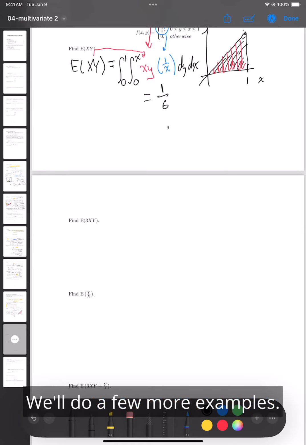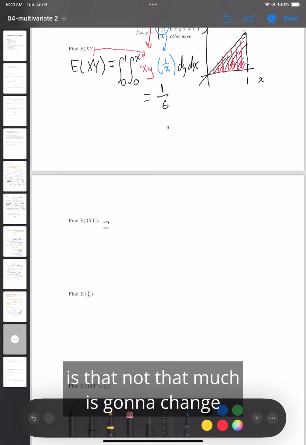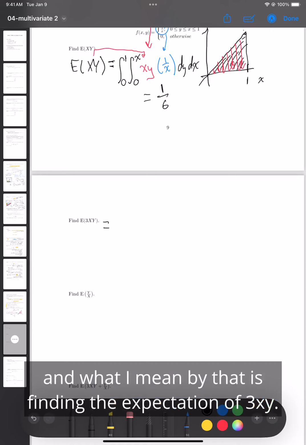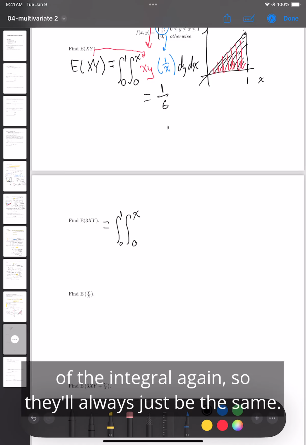We'll do a few more examples. The nice thing about this is that not that much is going to change from example to example if you have the same joint density. What I mean is, finding the expectation of 3XY, we don't have to think about the bounds of the integral again, so they'll always just be the same.